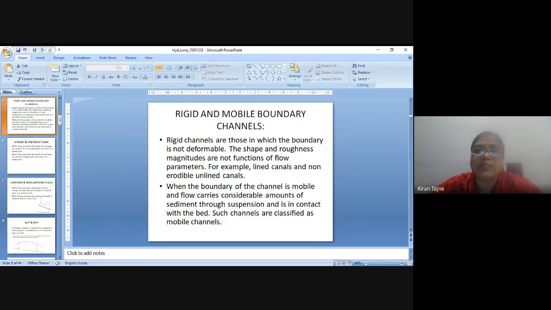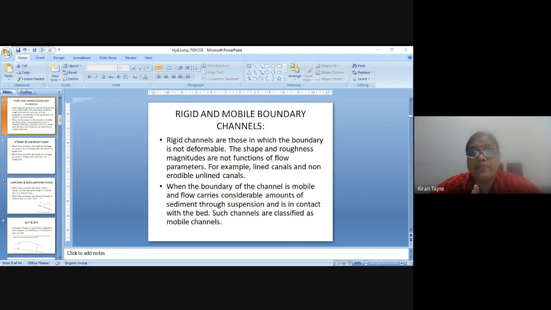rigid and mobile boundary channels. So rigid channels are those in which the boundary is not deformable. The shape and roughness magnitudes are not functions of flow parameters.